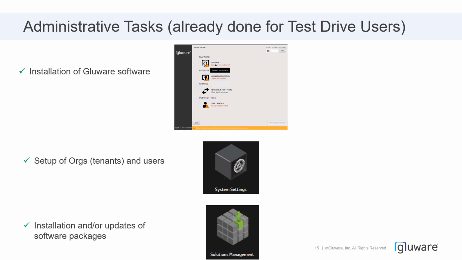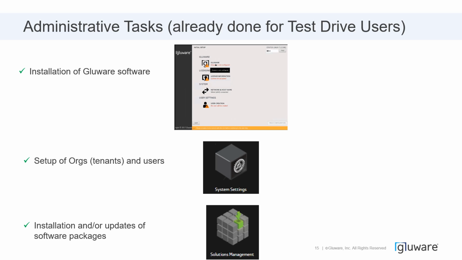The final piece of administrative work that's done for you is this: Gluware as a software platform has a major release about every quarter, but then we have monthly releases of various software packages. So when we add or expand some capability in a vendor adapter, like we recently added Cisco ACI or Symantec Blue Coat, those packages become available and you can install them into your system on the fly.